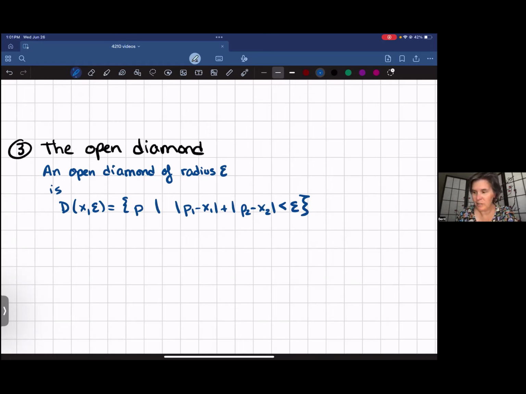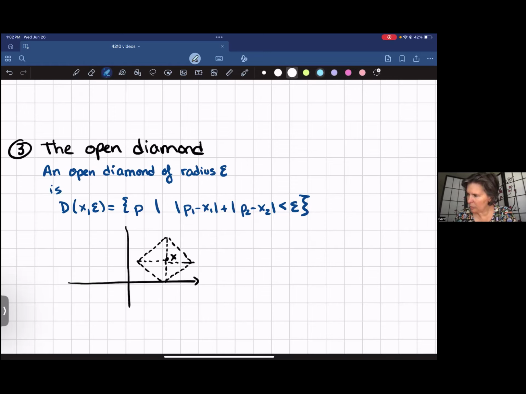I think that this one's going to be a lot easier if I just show you the picture of what it looks like. So if I take a point X like this, it's going to be all points that lie somewhere in this diamond if I go epsilon in the north, south, east, and west direction.